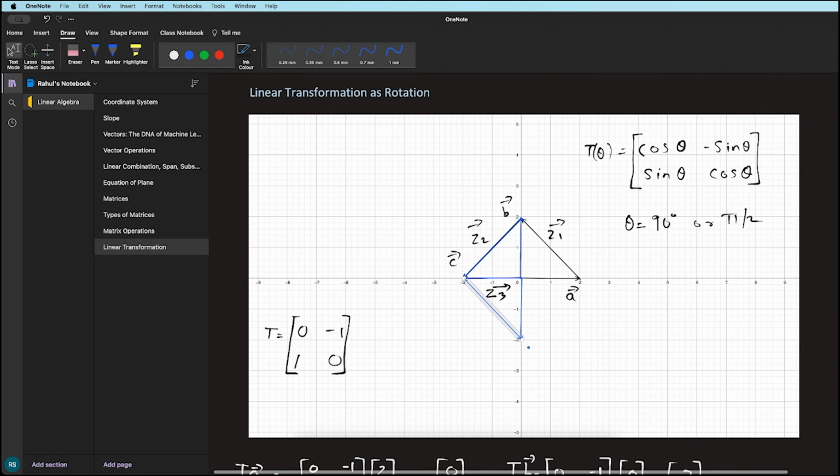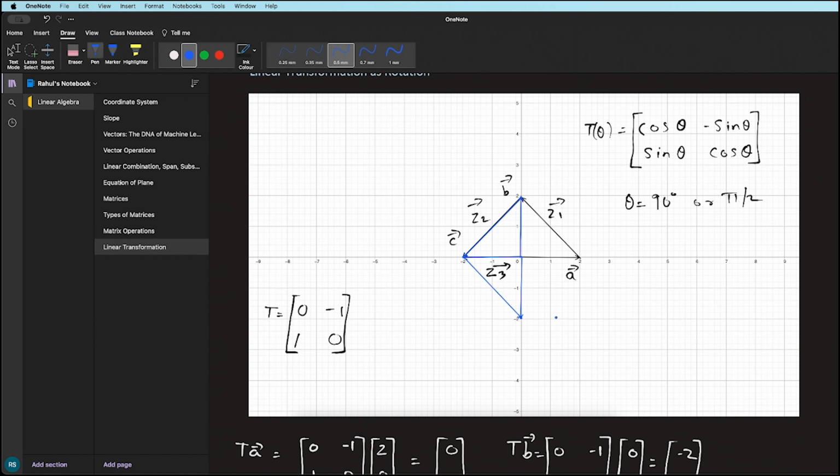And here I can write the original vectors A, B and C as pre-image, and the vectors we get after transformation, transformed vector A, B, C, as image.